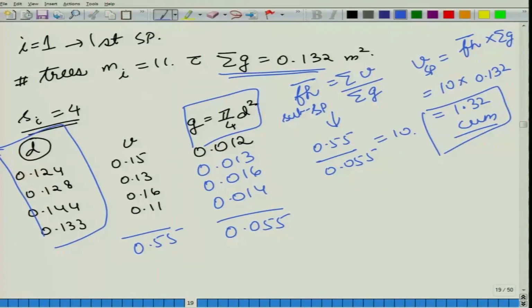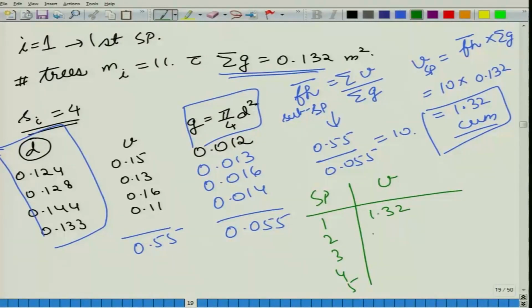Now, we can repeat this step for all the other sample plots as well. For the sample plots 1, 2, 3, 4 and 5, we got the volume value for the first as 1.32, and for the other ones, if we repeat the same thing, these are the values that we will get. So, what is the sum total of the volume in all the 5 sample plots combined?